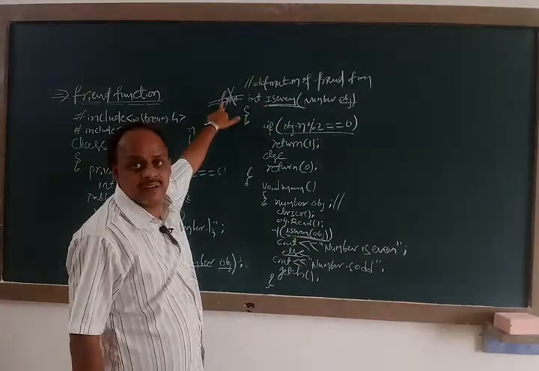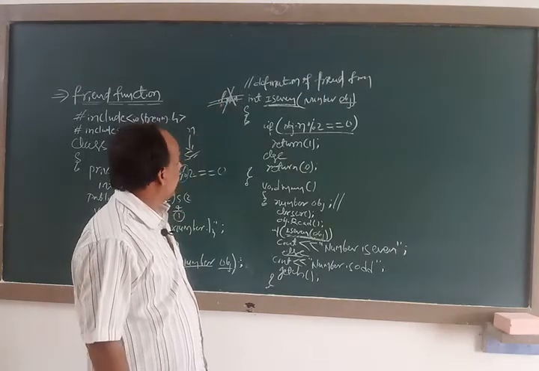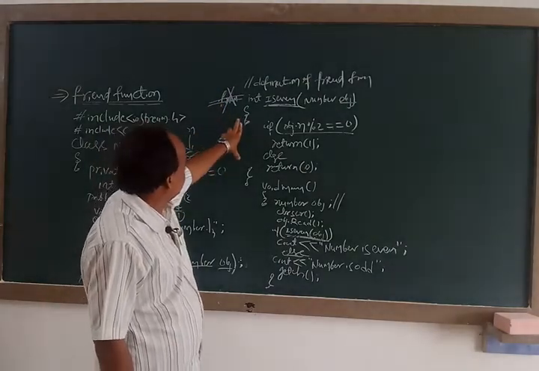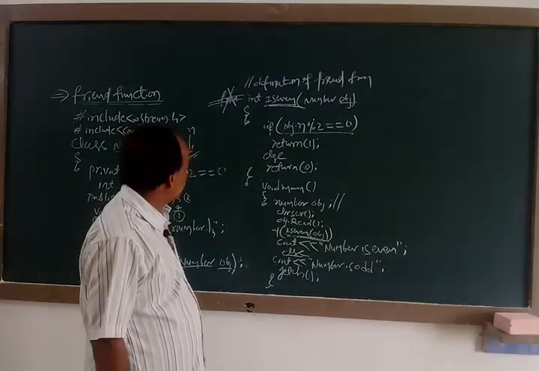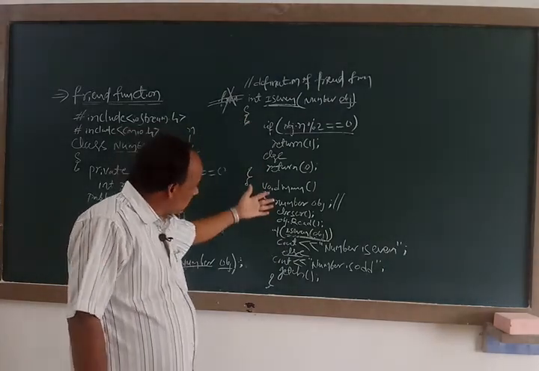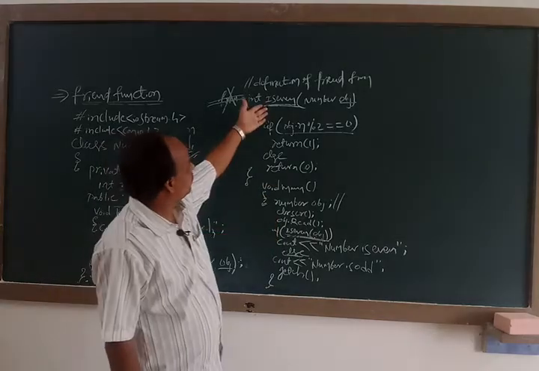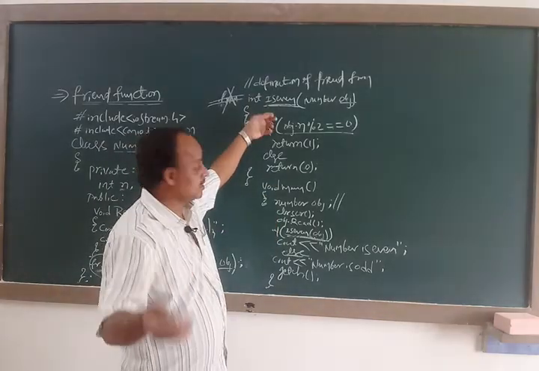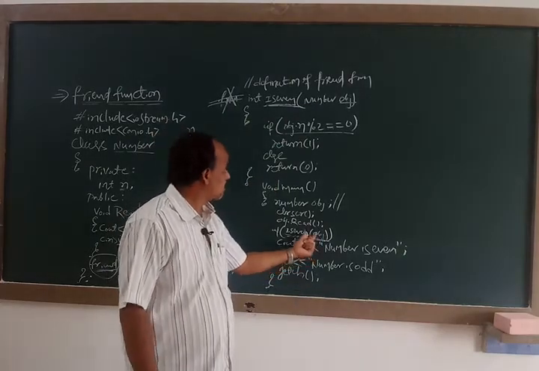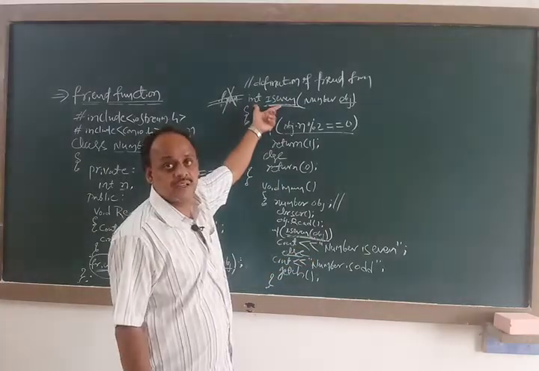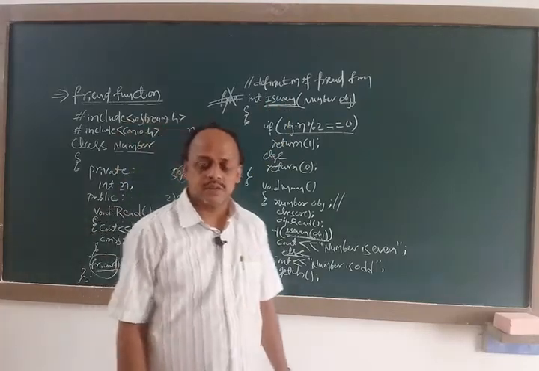That's why I have not written friend here. Write the friend function definition outside the class. Afterwards, in the main function, you just call it as usual. This is a function calling statement.